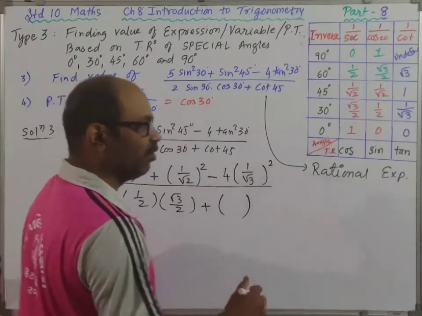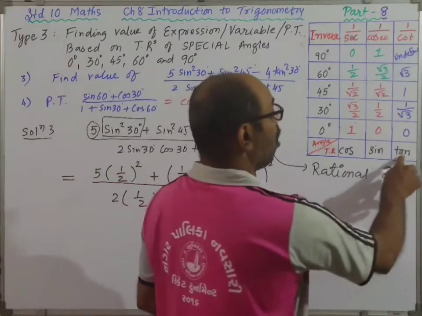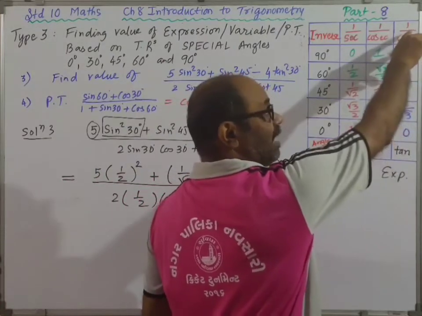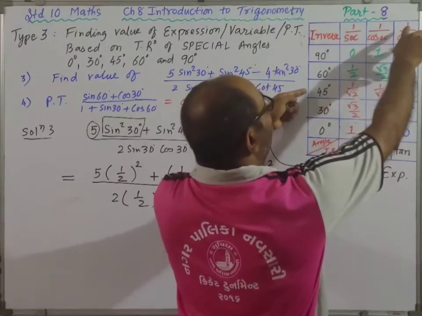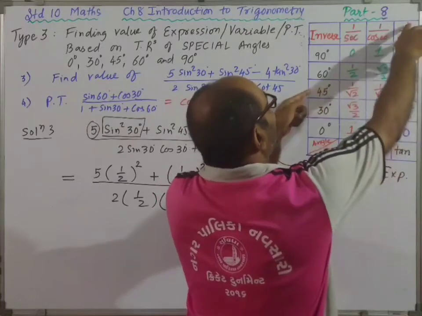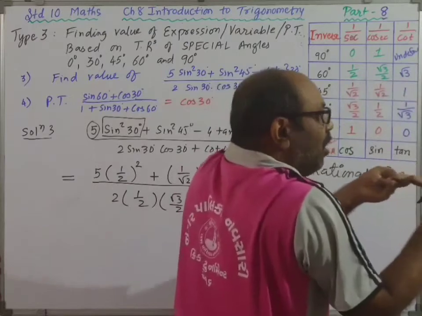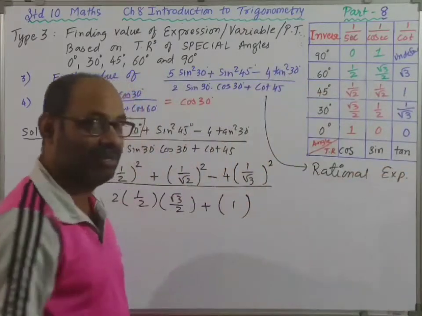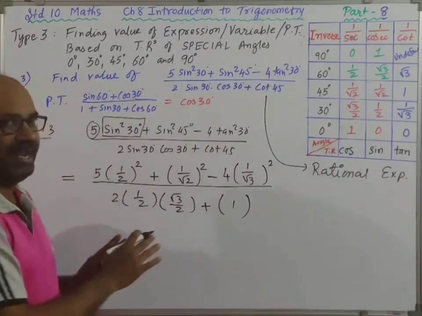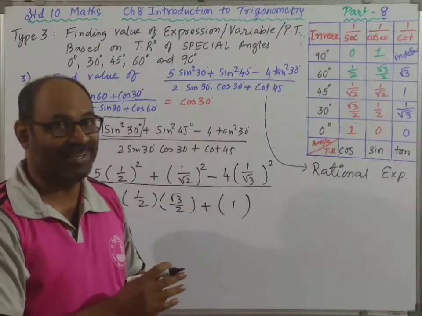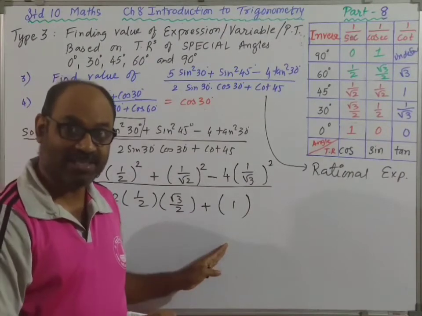So I'll put in the bracket, no square, only cot. Cot के लिए ऊपर जाना पड़ेगा, लेकिन ये रेसिप्रोकल है. 45 of cot, 45 of 1 upon cot, that is 1. 1 का रेसिप्रोकल 1 ही है. Be careful, children. So you have substituted all the values correctly. Correct? So you get marks here.